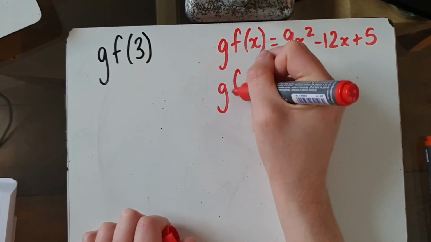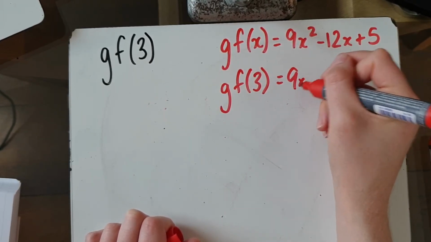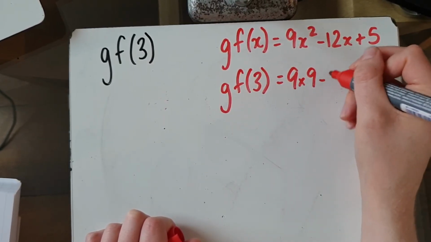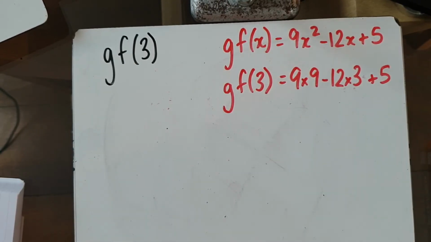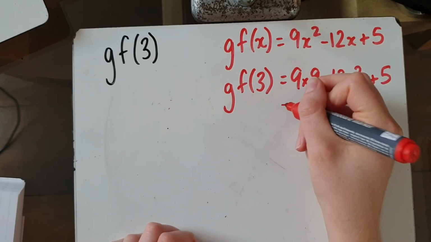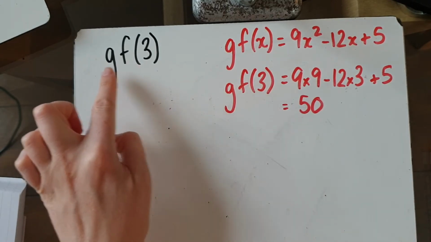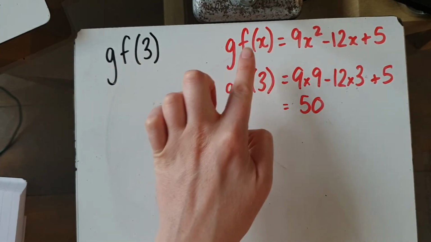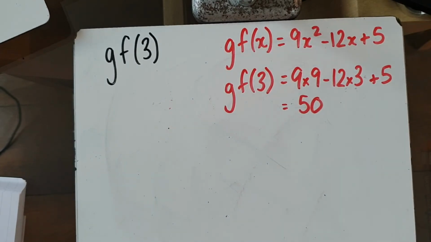So that would give me g of f of 3 is 9 times 3 squared, which is 9, minus 12 times 3 plus 5. And if we work that out in our calculators, we would get 50. So if we wanted g of f of 3, we could find g of f of x first and then substitute 3 in.